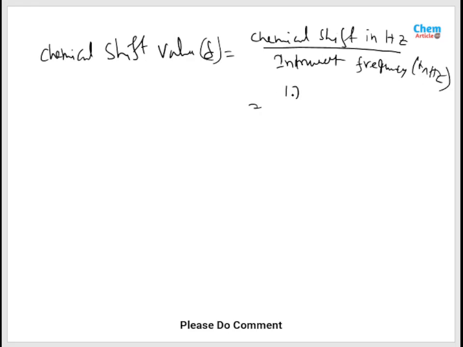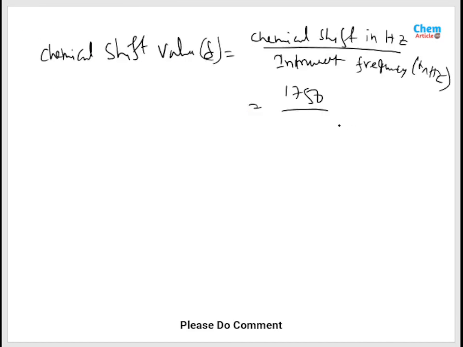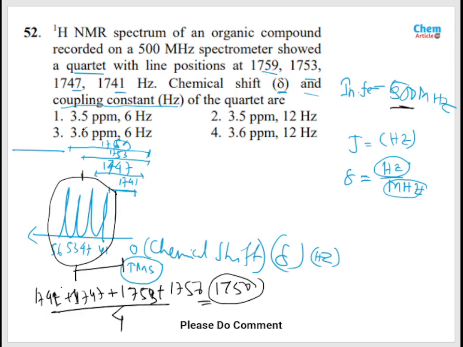So 1750 hertz, and the megahertz is already given, instrument frequency is given below, so 500. Hertz and megahertz, this is something like 3.5 ppm. This is the delta value. There is a possibility of 2 options; 3 and 4 are not possible.